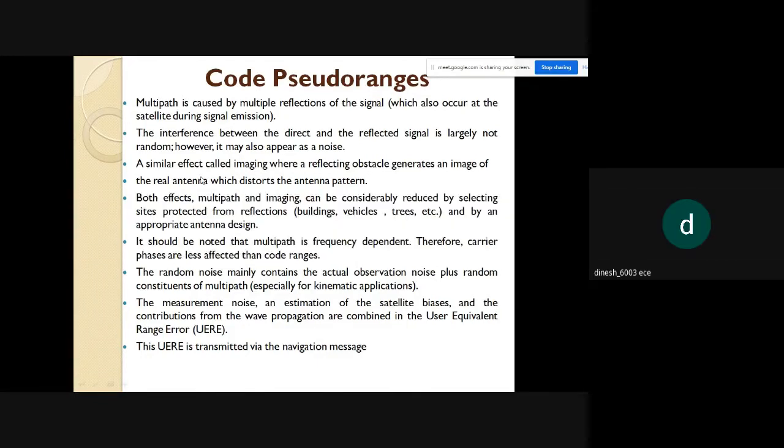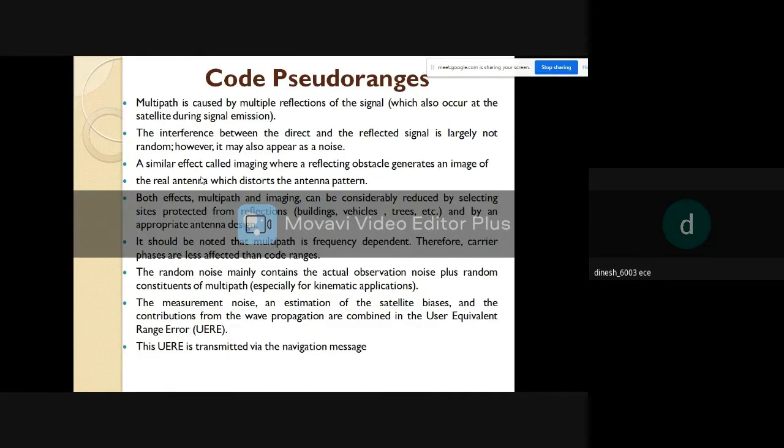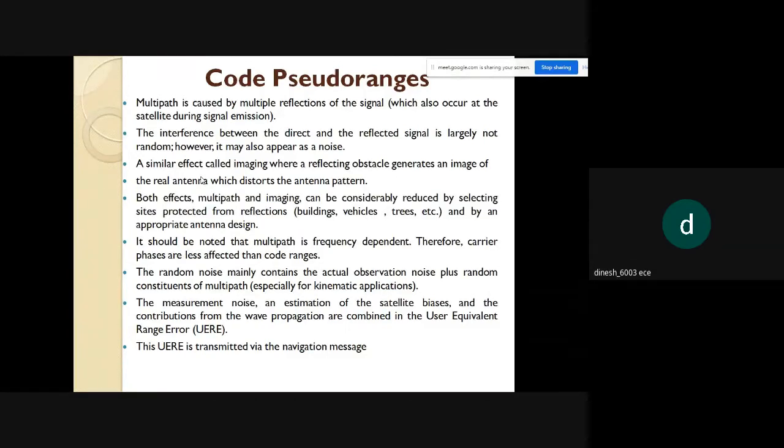A similar effect called imaging is observed when a reflecting obstacle generates an image of the real antenna that causes distortion in the antenna pattern.